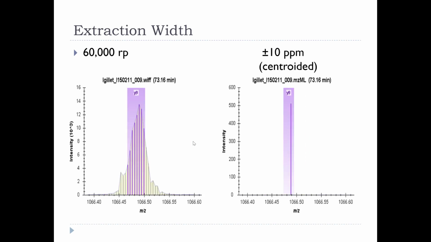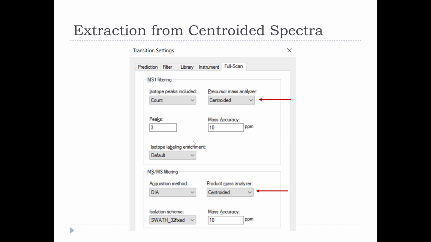Then once I did a really thorough analysis after this, what we found was that actually 60,000 resolving power was the best, and that even 10 ppm, if you did pre-centroiding with the centroiding algorithm provided by SciEx, and then used 10 ppm centroided, you did even better, because as we saw, there are things that, centroided, are going to be too far out of your range to be considered, so you get even better chromatogram extraction. But we thought that might mess up the quantification. So this is how you set that in Skyline. We'll be playing with that later.